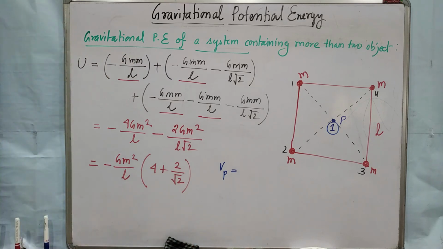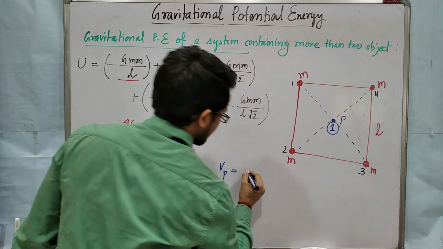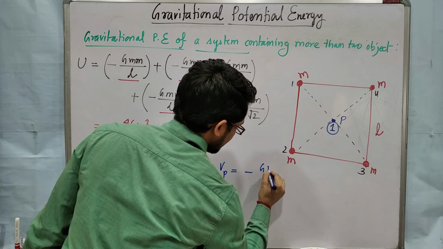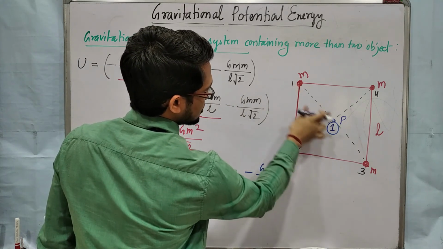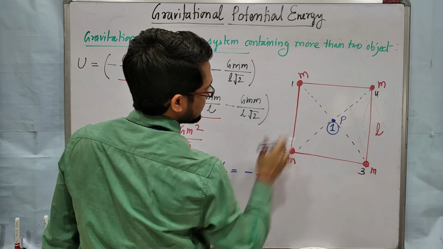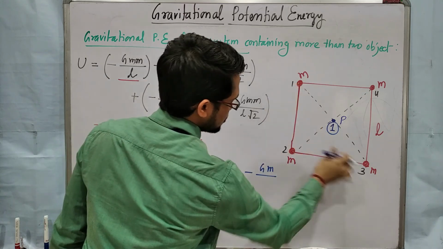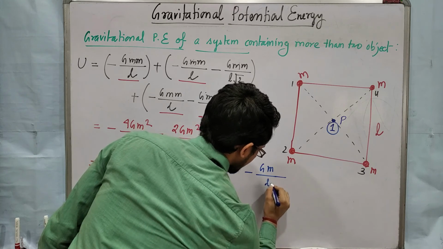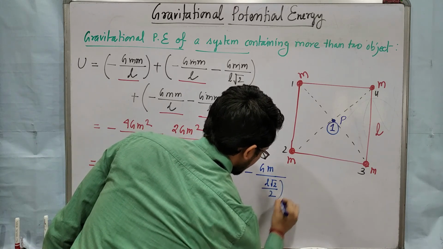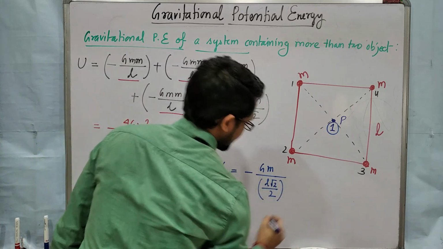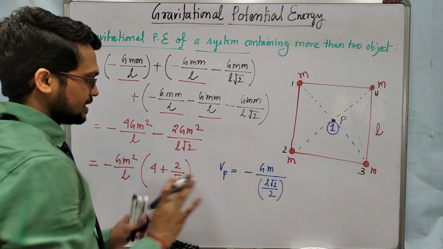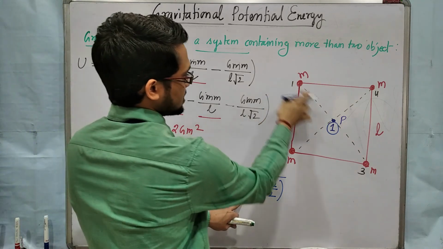Potential is scalar, so the contributions will be added. So minus G m, unit mass, for these points, G m by this distance, which is L root 2 by 2, so you will get L by root 2. So this is for the first mass.